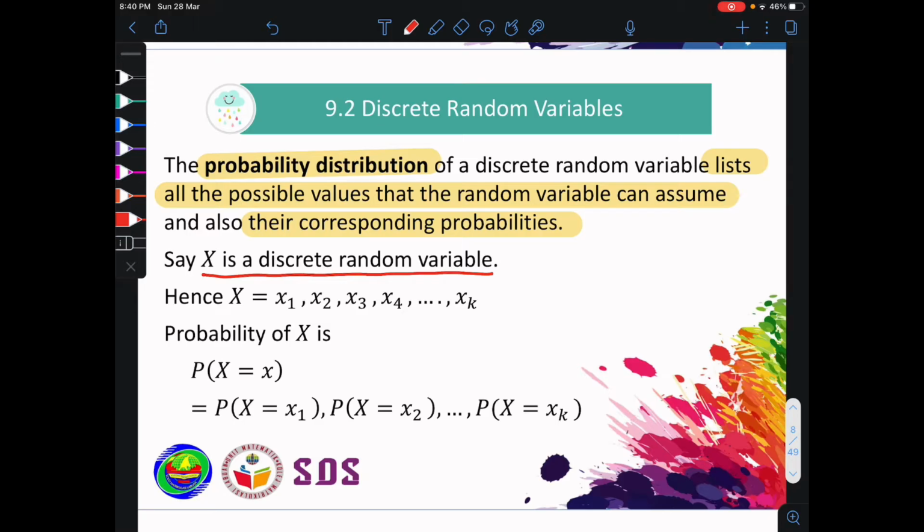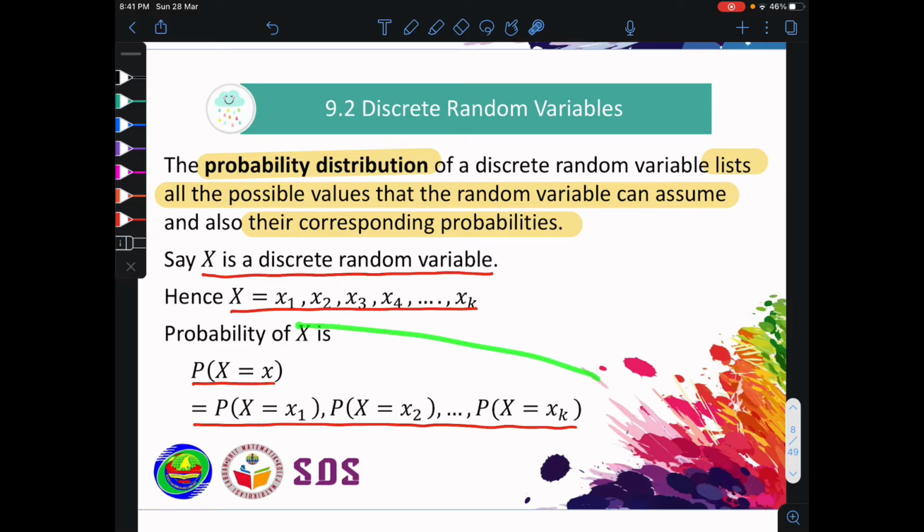Hence, we can write X as x1, x2, x3, x4, and so on until xk. Therefore, the probability of X can be written as P(X = x), which is equal to P(X = x1), P(X = x2), and so on until it reaches P(X = xk).